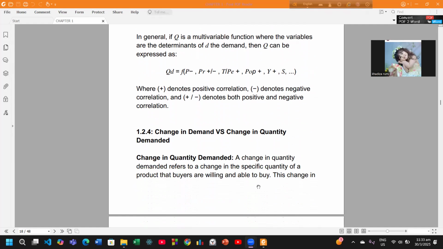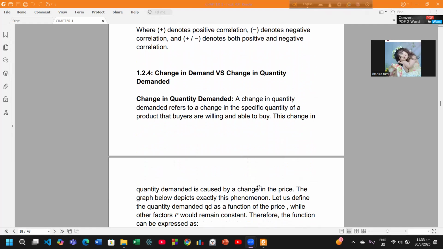Now, change in demand versus change in quantity demanded. What is the difference between a change in demand and a change in quantity demanded? It is important to distinguish between the two.